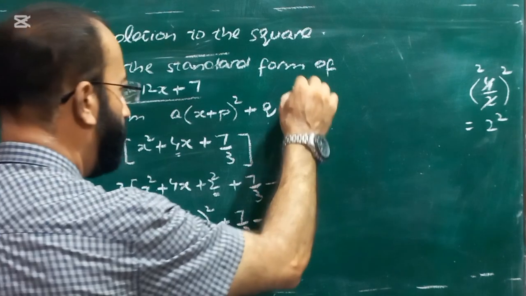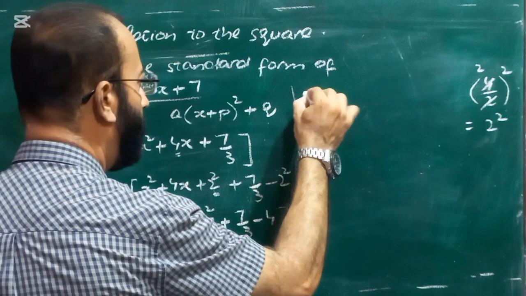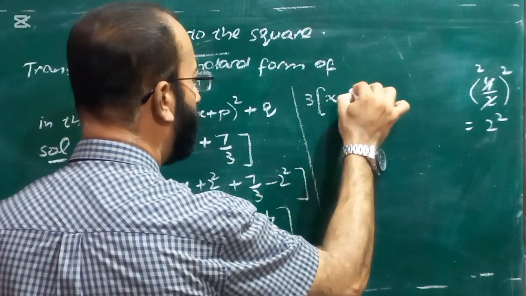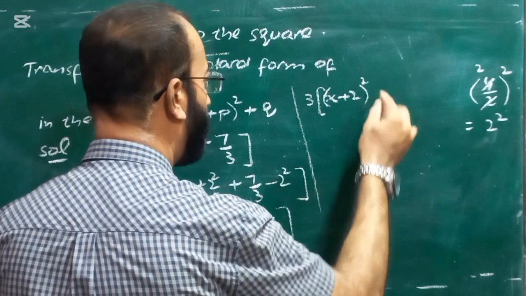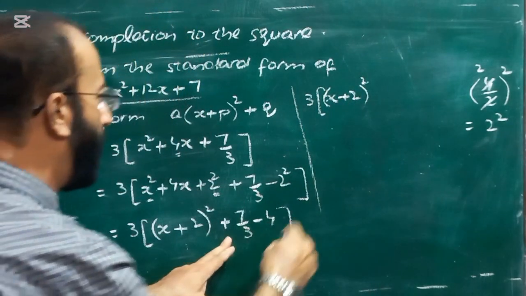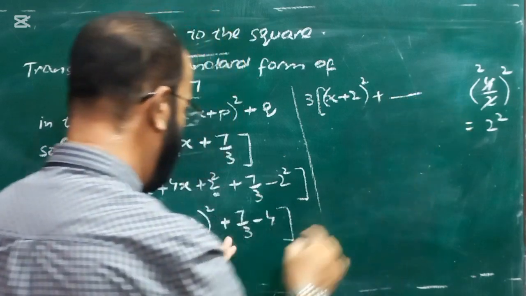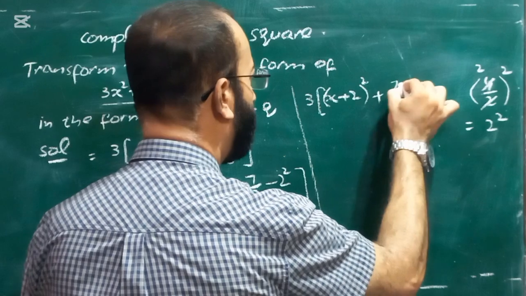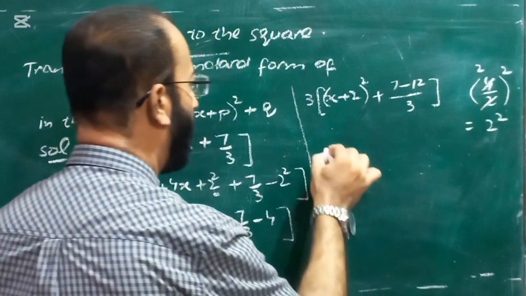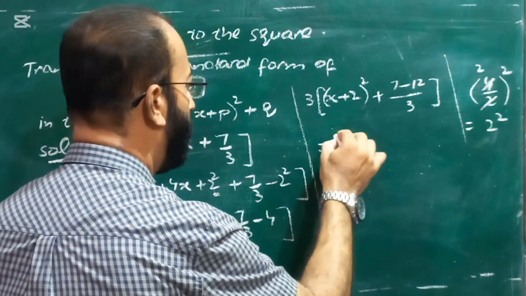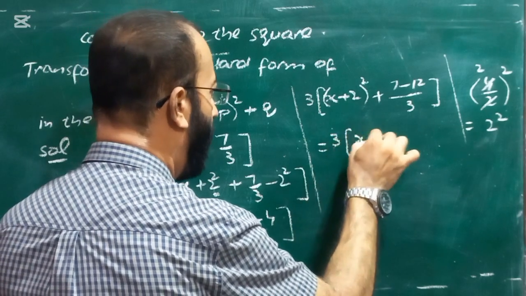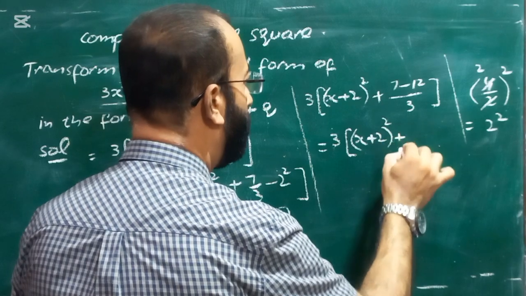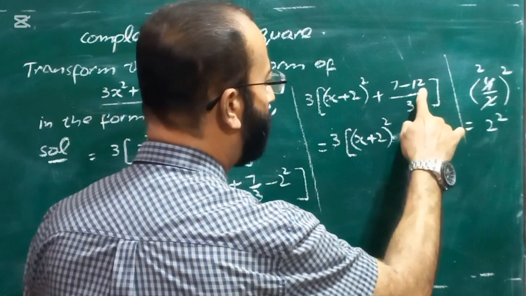So at this step we are further solving it. So 3 into (x plus 2) whole square, and we will take LCM over here. LCM will be 3. So 7 minus 12, and 7 minus 12 will be minus 5.